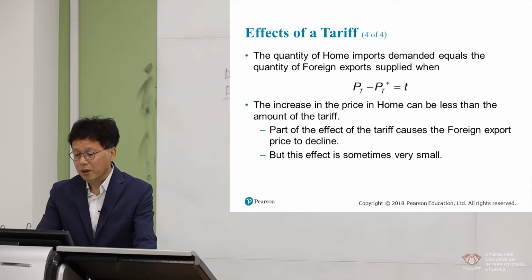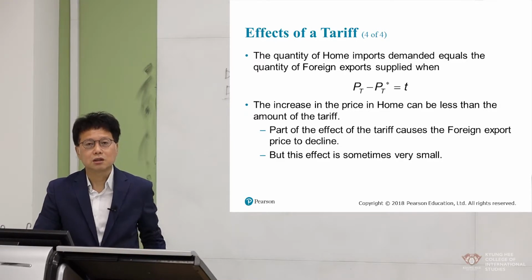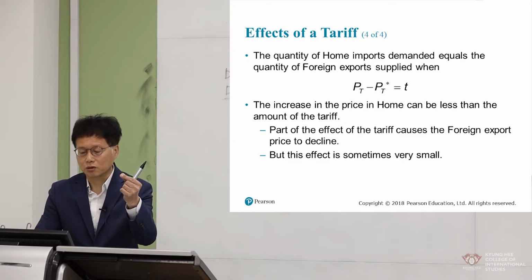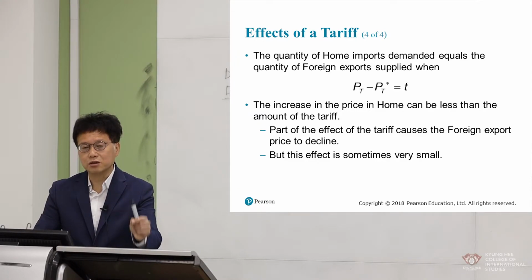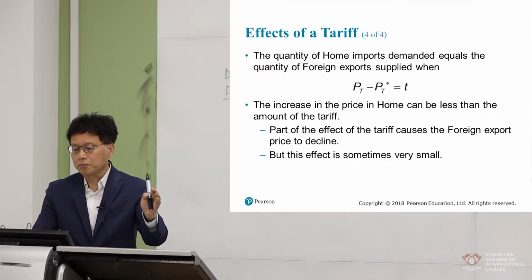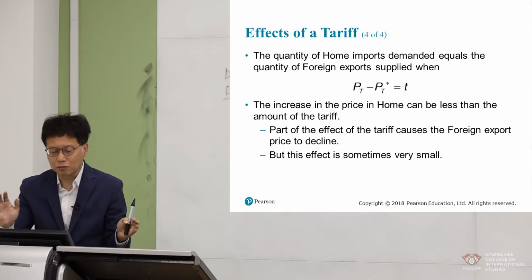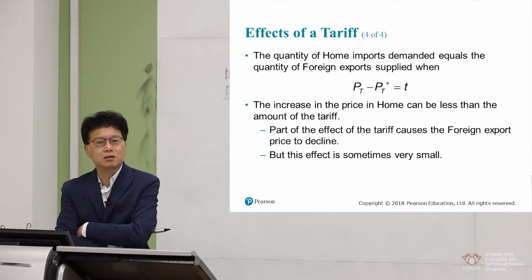Part of the effect of the tariff causes the foreign export price to decline, but this effect is sometimes very small, especially when the home country is very small. If the home country is very large, then the foreign price decreases. But now we assume that the home country is very small.